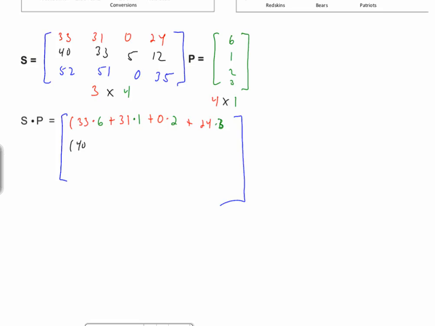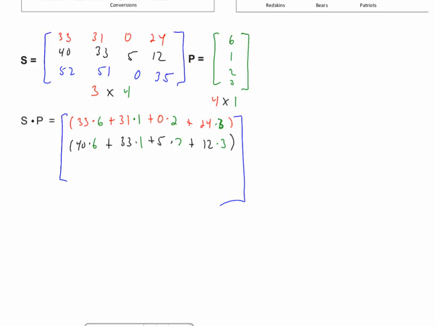So this is a 40 times a 6 plus a 33 times a 1 plus a 5 times a 2 plus a 12 times a 3. And again, we got to be careful because anywhere along the way we could look off and be off, and we don't want to do that.